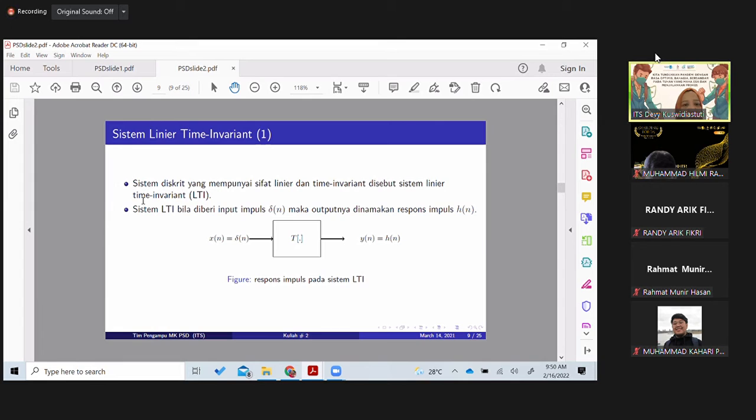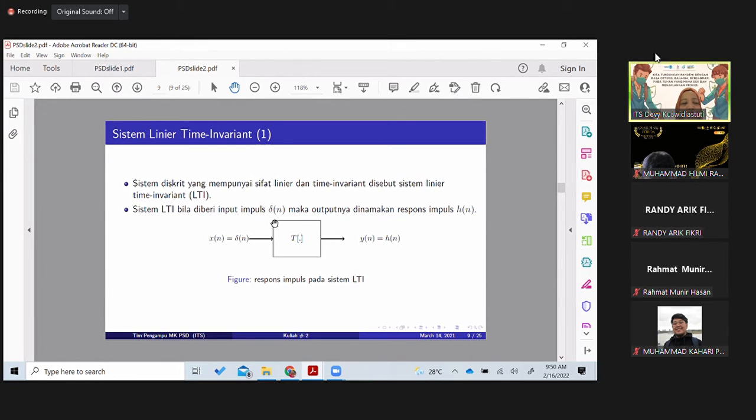And then for the next one, this is what we will work on furthermore in this chapter. It is a linear time invariant system. So if you could see, in this linear time invariant system, the system is a linear system and it has a characteristic where it is time invariant.